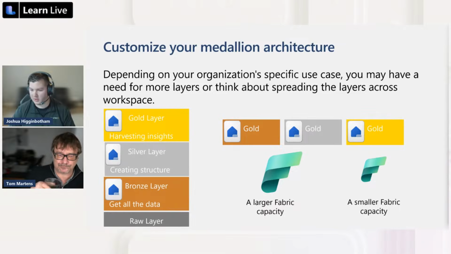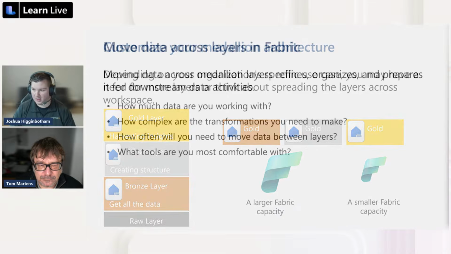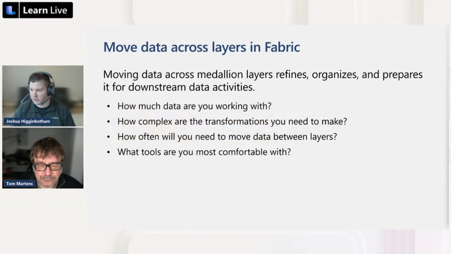That's where you're creating some structure and providing some of the stuff that will lead you to get to that gold layer. And that may be in a lakehouse, could be a Power BI semantic model. It all depends. And it's going to be based off of what your business needs are, what the size of your data looks like, stuff like that.